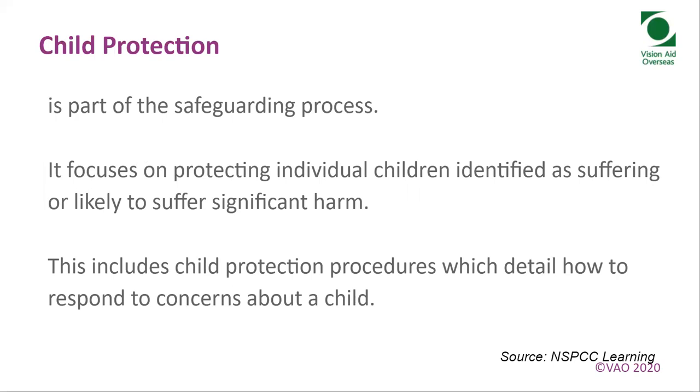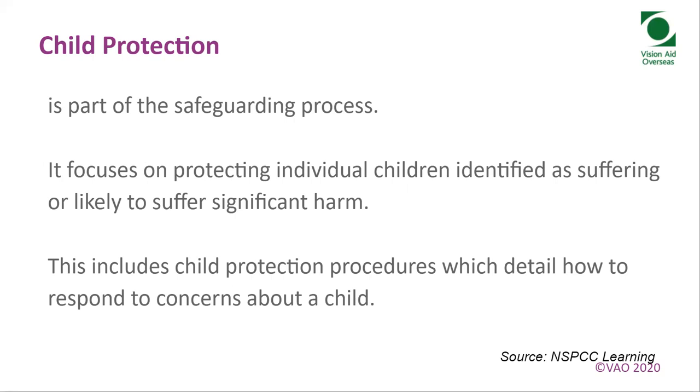Child protection is part of the safeguarding process. It focuses on protecting individual children identified as suffering or likely to suffer significant harm. This includes child protection procedures which detail how to respond to concerns about a child.